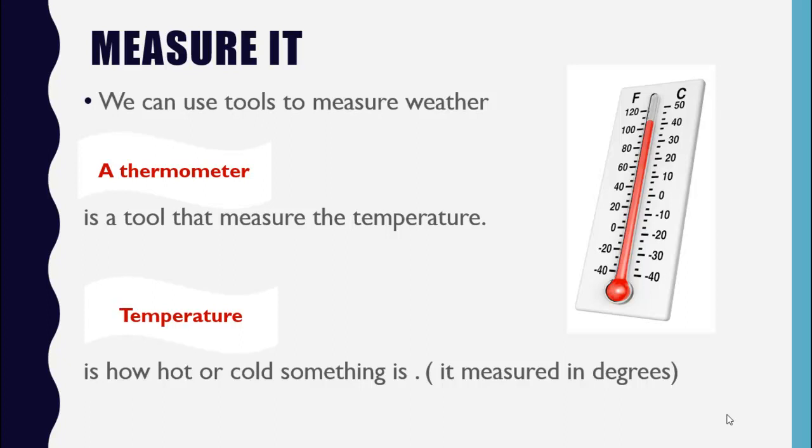And if something is cold, I can describe it as having low temperature. Temperature is measured in degrees. So when I ask you what tool we use to measure the temperature, that's right, a thermometer.